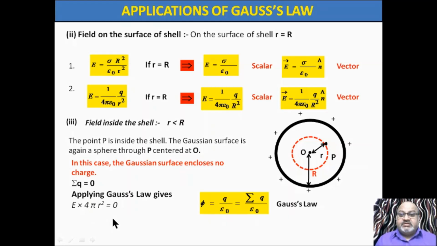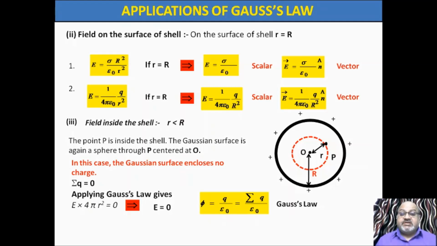So this is obvious, electric field intensity is 0 inside the charged spherical shell. And remember, in my first video I have told this is electrostatic shielding. Charges are over the surface, but inside electric field intensity is 0.